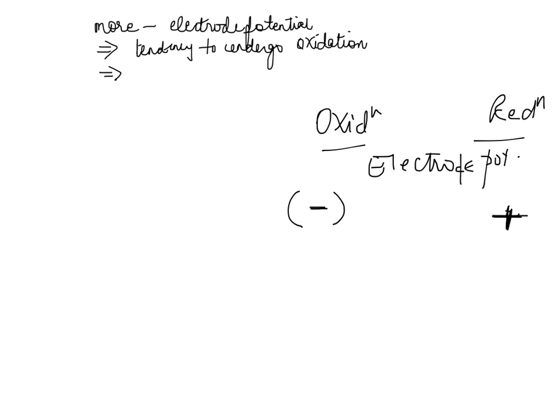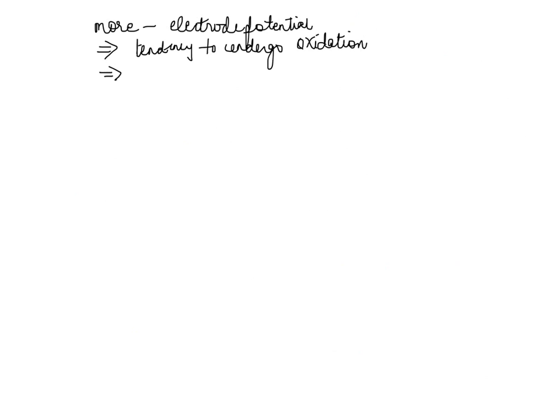But for the time being, suppose we connect a standard hydrogen electrode to a copper electrode, which is immersed in a 1 molar copper nitrate solution. And when you measure the cell potential for the cell, let's say I have negative 0.34 volts as the measured cell potential for the cell.